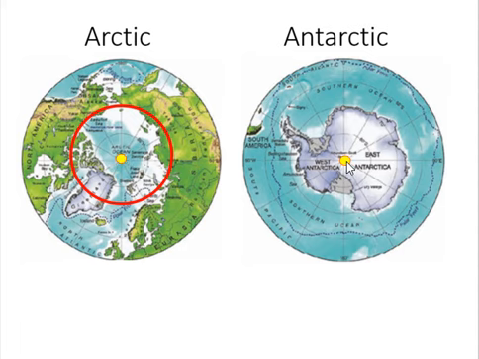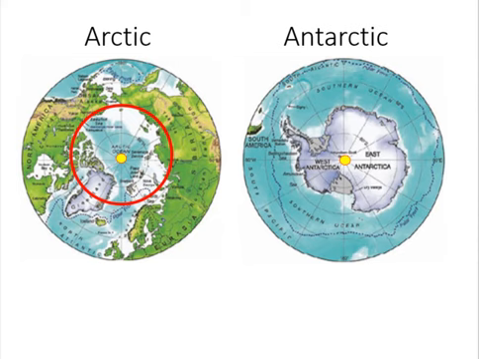And in this picture, we can see the South Pole and the areas surrounded the South Pole we called polar region. So these two areas, we call them polar regions.